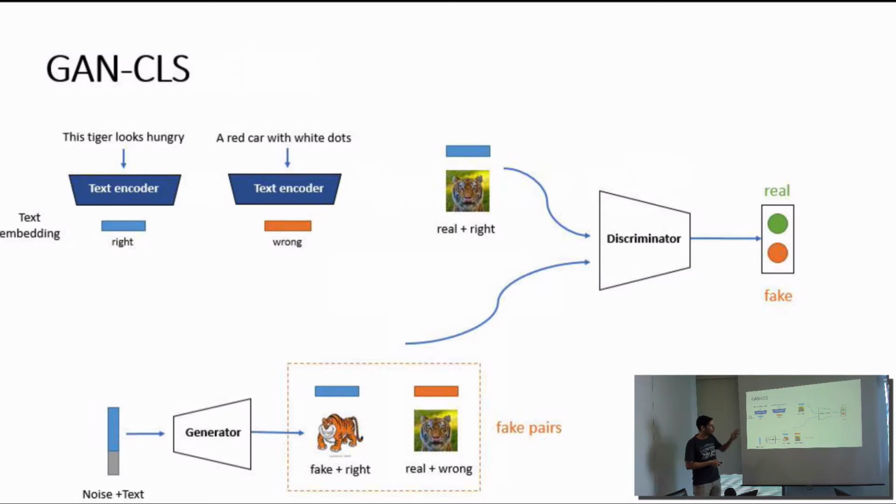So another way to think of it is to think of the text as a context, and the discriminator will try to decide, given this context, is this image real or not? So the label is always there, right? Yeah. And the label is for a pair. Yeah, exactly.